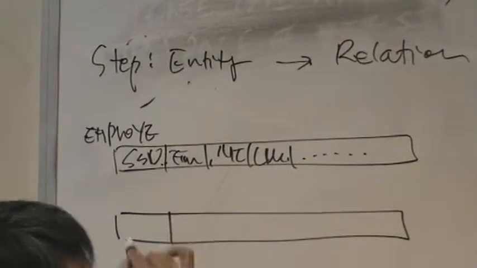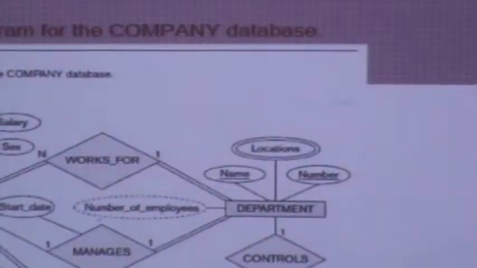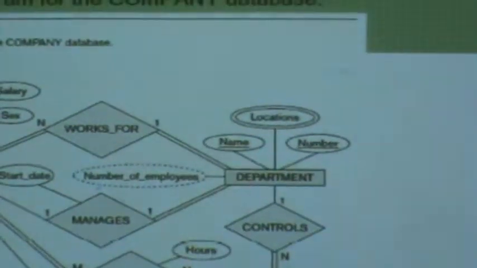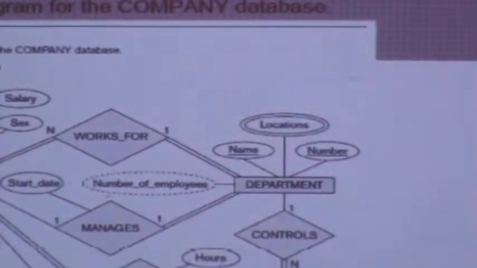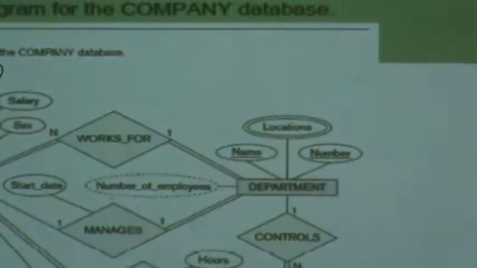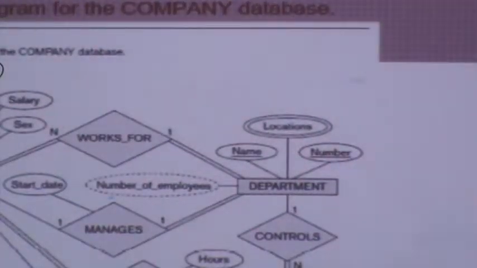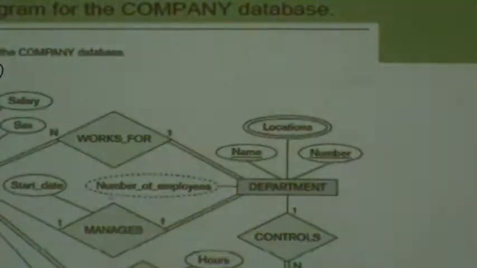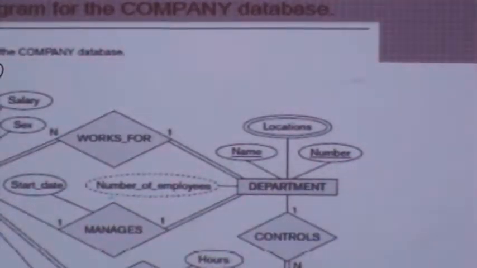Department is the same thing. In this case, which one will be better, name or number? Both are keys. Obviously, name will be unique, so it can be used for the primary key. But in terms of performance, number will be better.